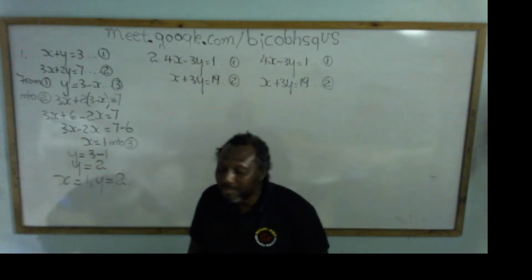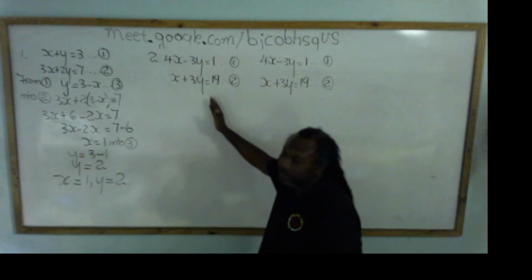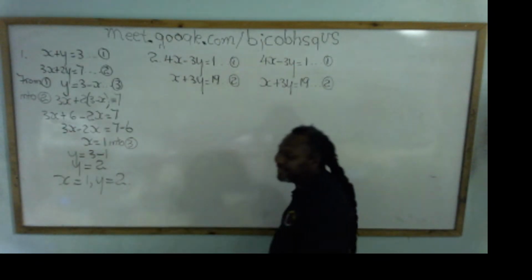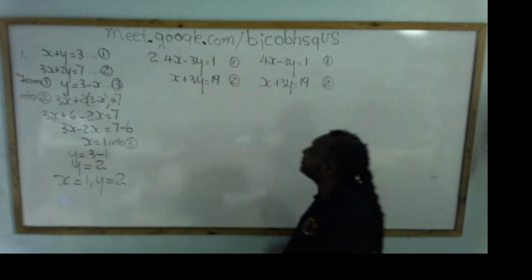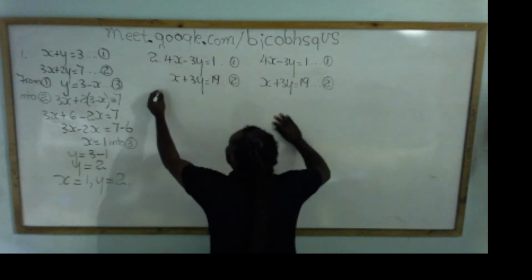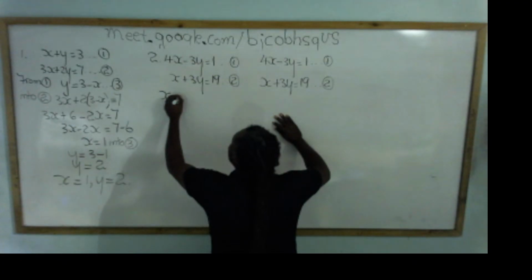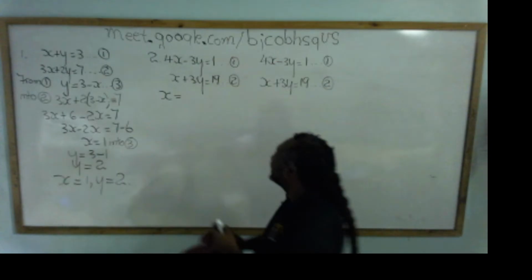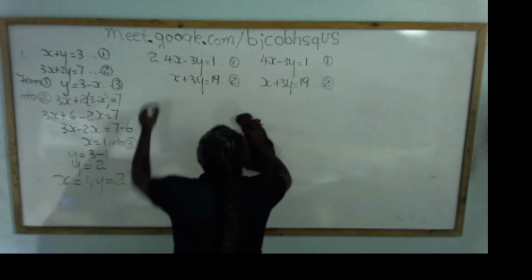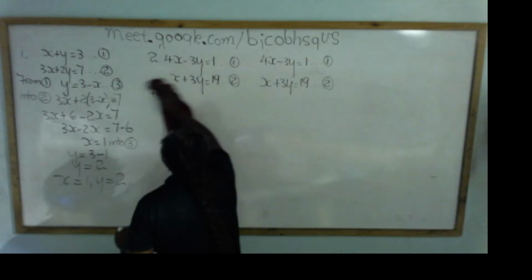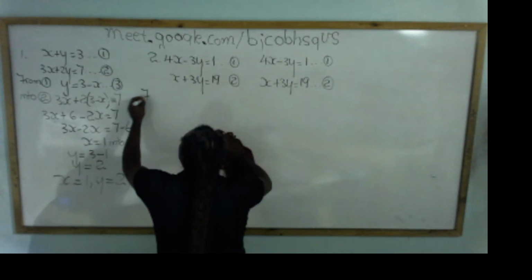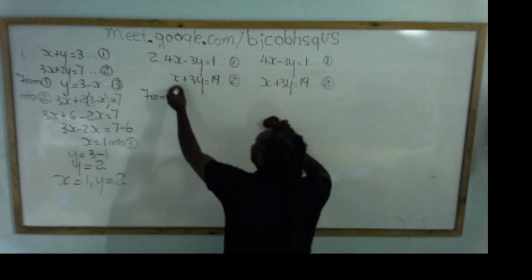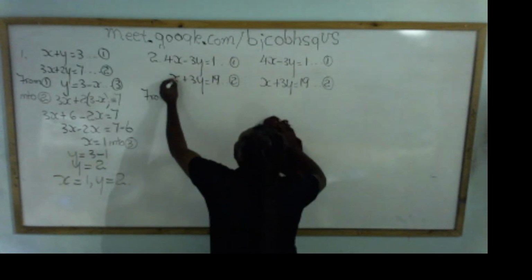But first of all, what should we say for this one? Alright, I'll make the decision. Later on, when you're on your own, then you will make all of the decisions. Let's go. x is equal to, from equation, I'm going to use equation 2 because I have a single x there.